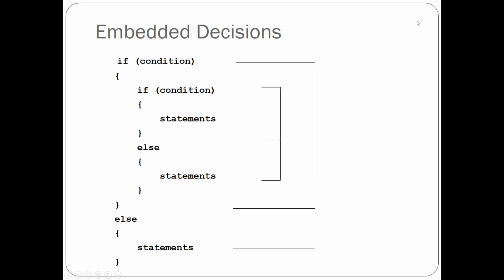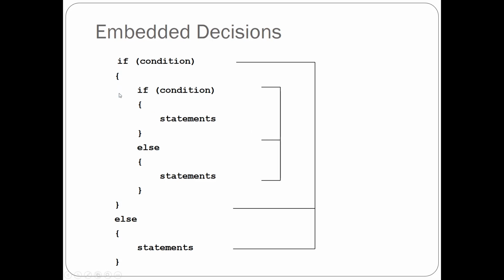There's an example of a well-structured set of embedded decisions, and thankfully, BlueJ does help by colour coding our decisions, as well as automatically indenting the code as well. But you can see here it's the alignment of the brackets that makes our code a lot easier to see.